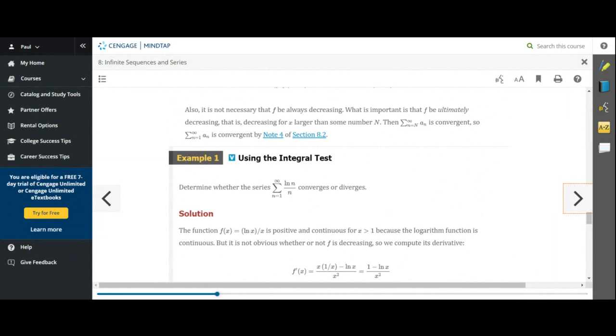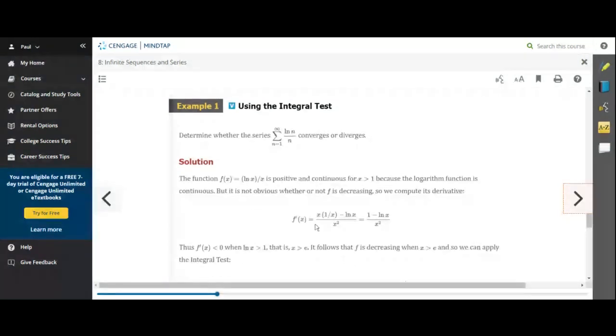I can't relate log of n over n to a P series or to a geometric series, my favorite series that I know and love. It's not relatable. So I'm going to try to use the integral test.